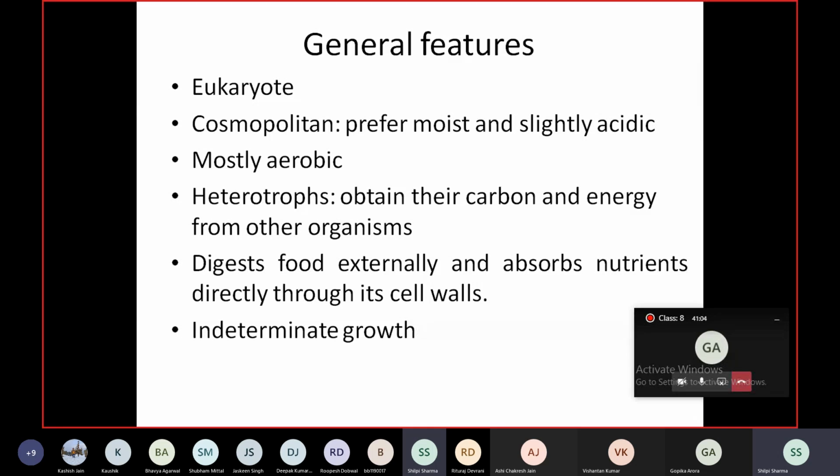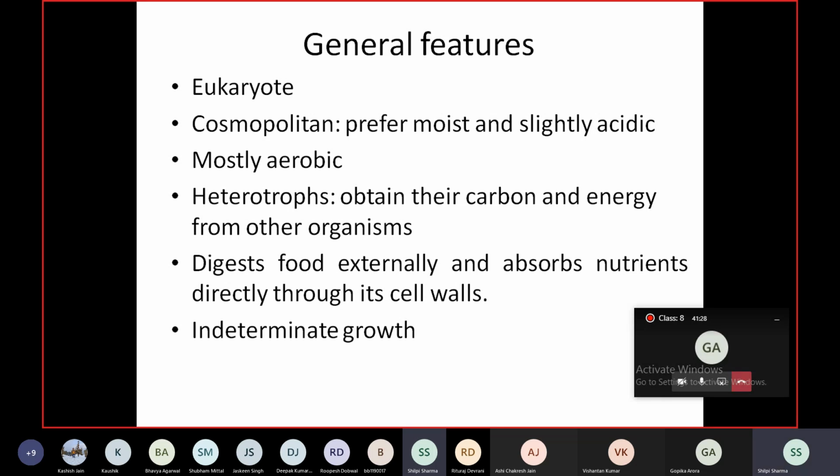That is, digestion precedes ingestion. So first digestion happens. For example, in multicellular fungi, first exoenzymes are secreted extracellularly, which break down the complex matter to smaller molecules, and that is why they have a very important role in soil structure. Then the smaller molecules produced by this act of external digestion are absorbed.